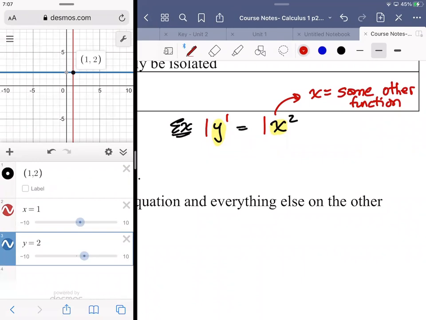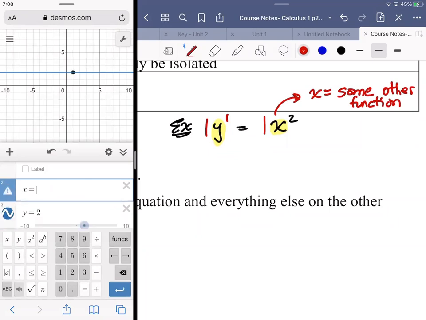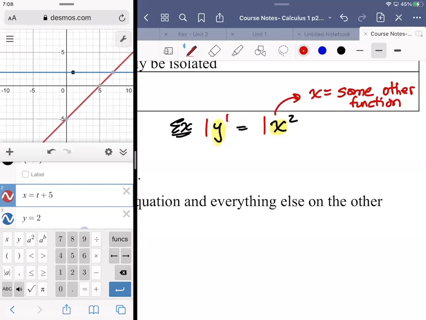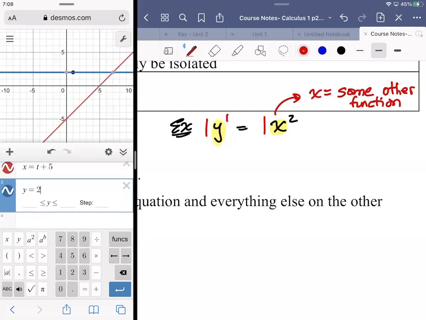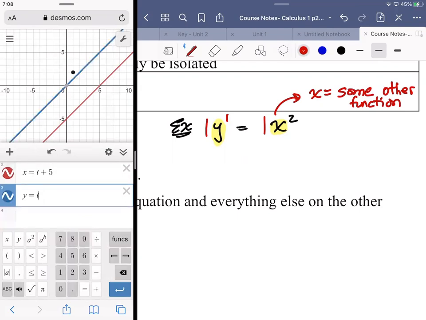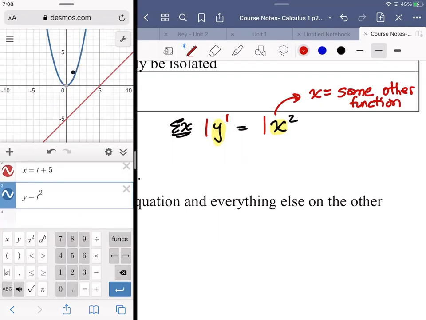But let's say I want x to be equal to some other function. Same thing with y. Maybe that function is some function of time. For example, x is equal to t plus 5, and y is equal to, because it really doesn't matter, I'll just say t squared. Just something that involves a t.